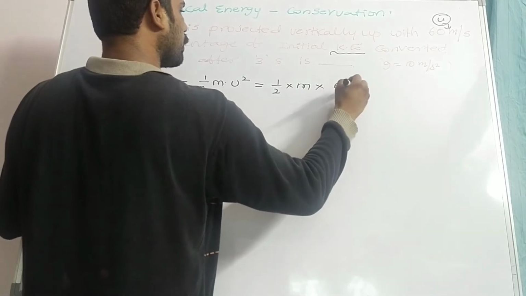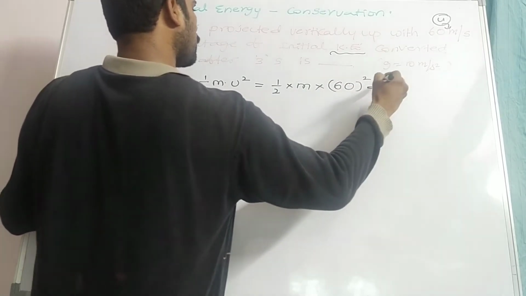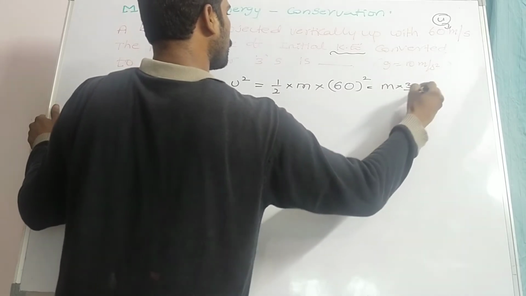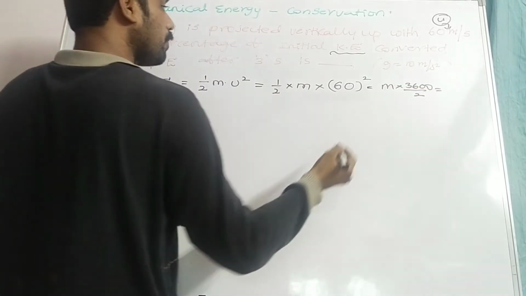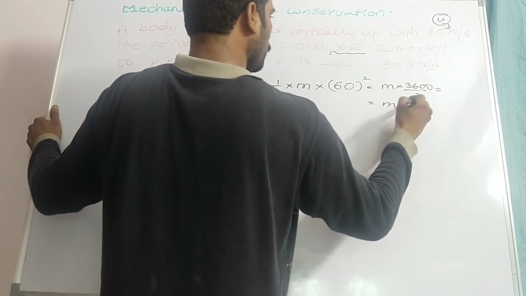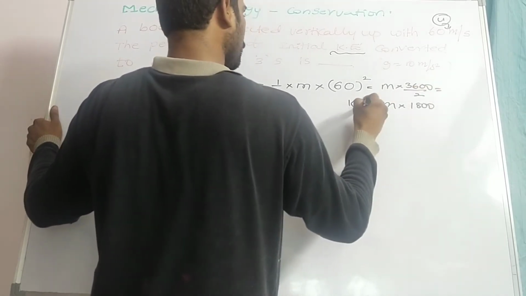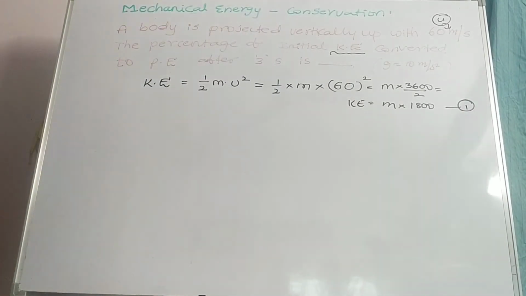That is equal to m into 3600 by 2, that is equal to m into 1800 joules. Kinetic energy K is equal to m into 1800.